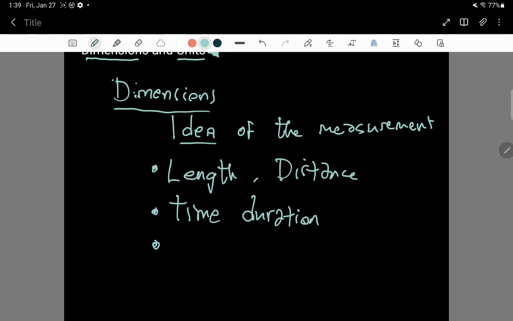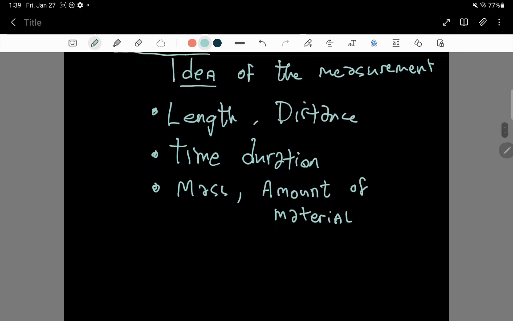And then the last one, the third one, at least that we're going to start off with in our physics class, is called mass. Another way to understand this kind of dimension is really interesting. It's the amount of material, right?